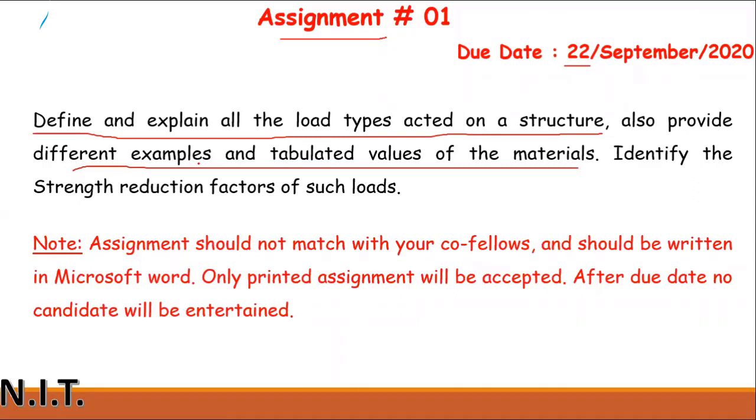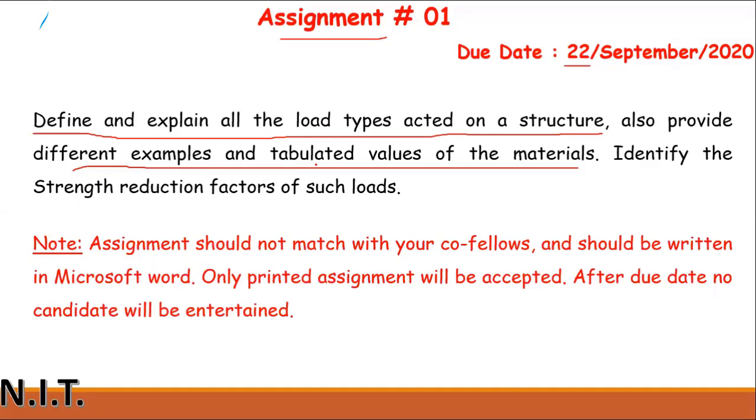I am moving, so my load will be considered as live load. So you have to define the different types of loads, and give me an example of each type of load and their tabulated value.